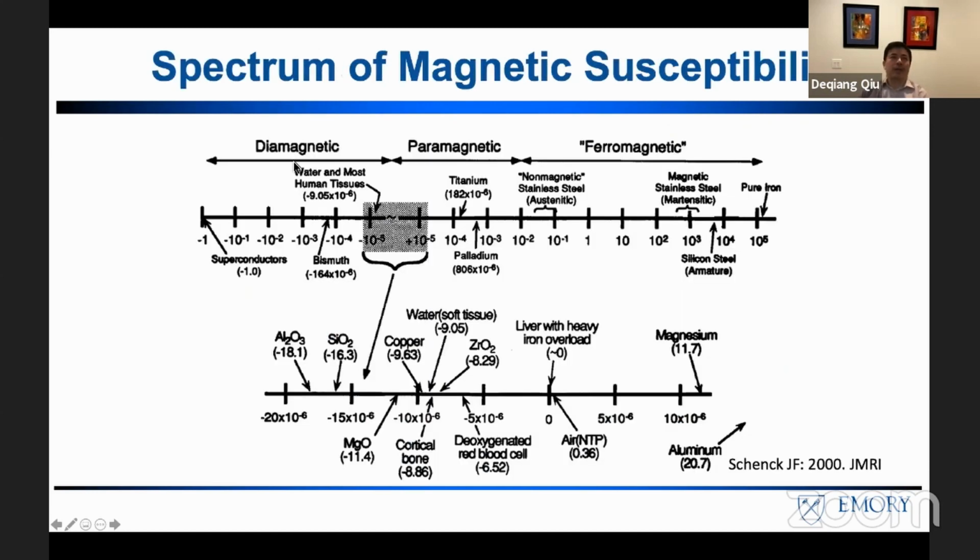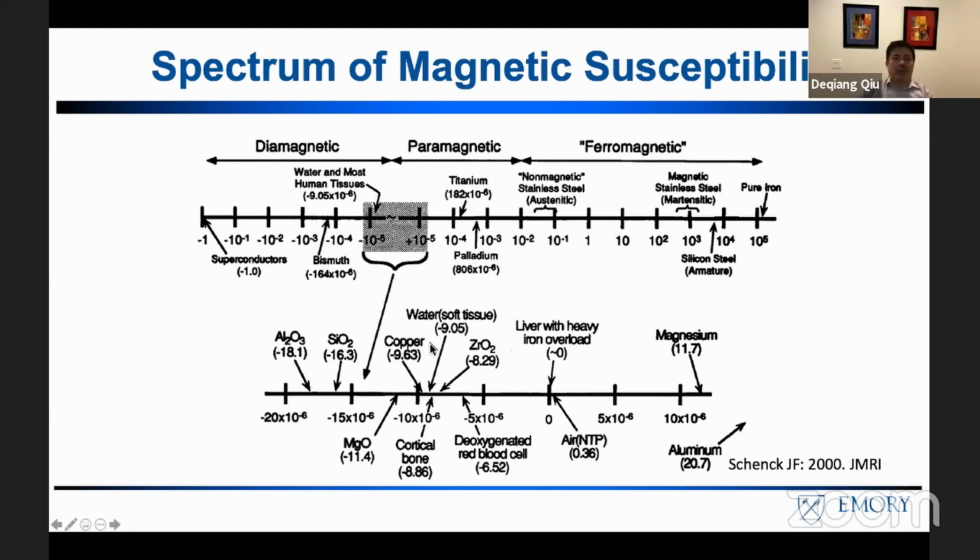If you look at the spectrum of magnetic susceptibility, it actually ranges from -1 for superconductors all the way to 10 to the 5th power for pure iron. And within this small range is where the susceptibility values of a lot of the biological tissues lie. You can see, by definition, the vacuum has 0 magnetic susceptibility, and air also has almost 0 magnetic susceptibility.